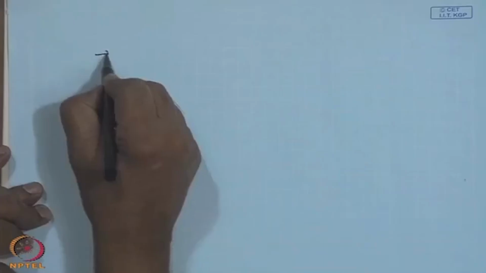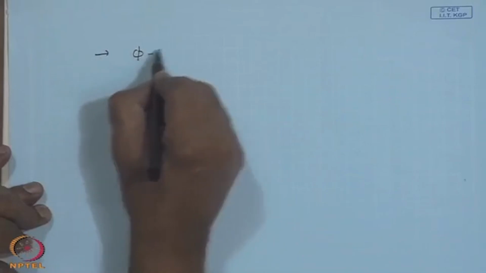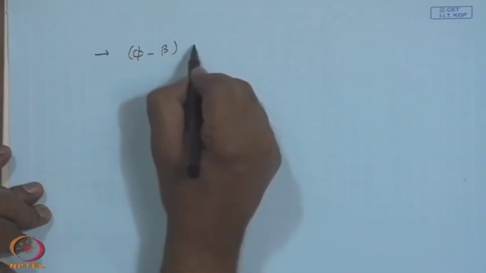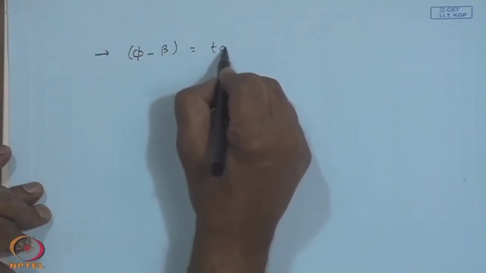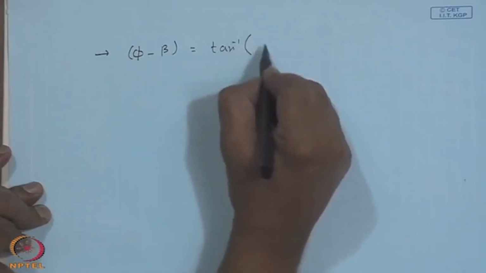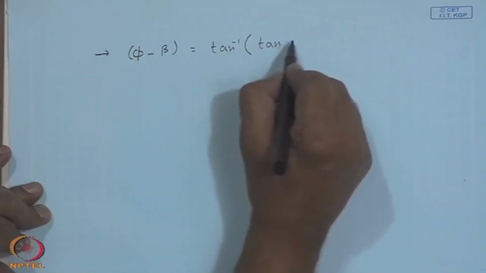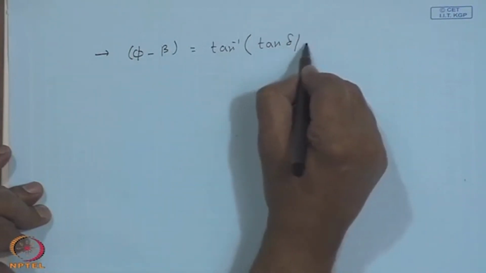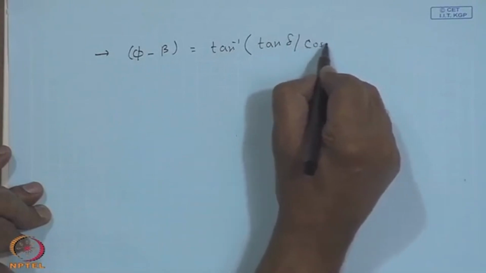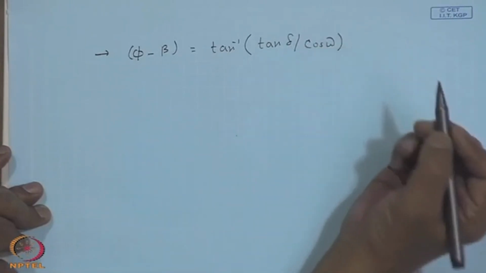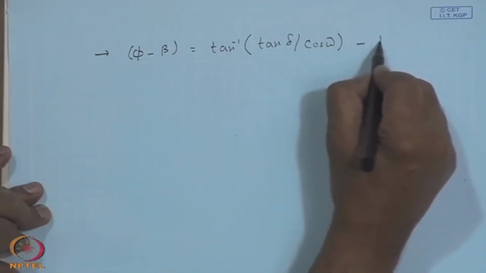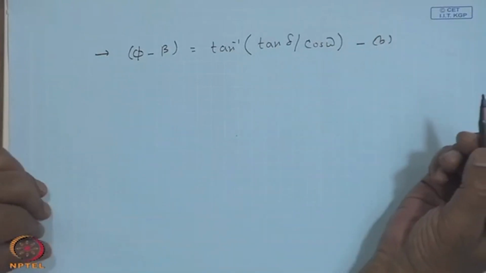That will give me the condition: phi minus beta is given by tan inverse of tan delta by cos omega. So, this is B, or tracking mode 2.